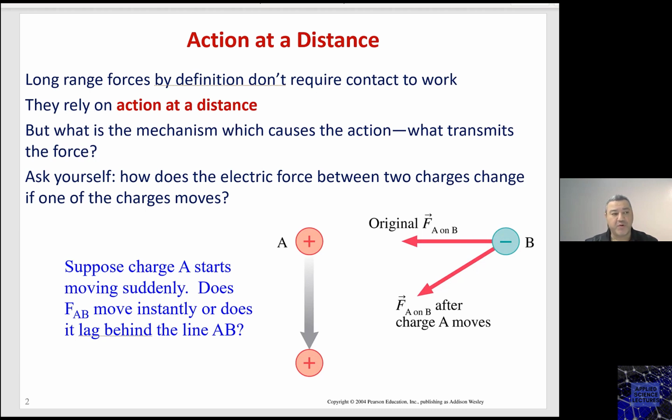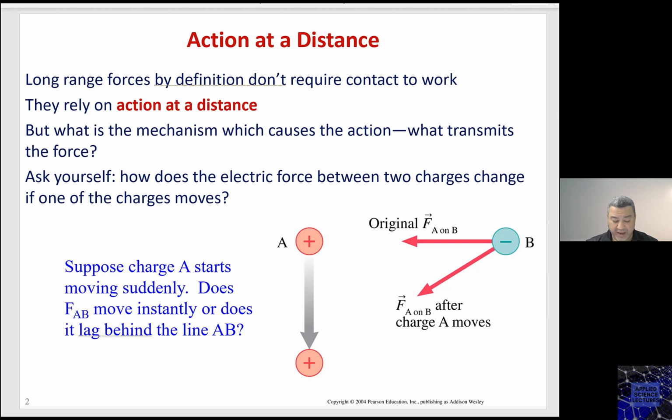Now, let's move to how this force is being exerted by one charge on another. We can call this force an action at a distance. Why? Because we have seen that two particles that are far apart are exerting forces on each other, so they do have an influence. Now, how is this influence happening?